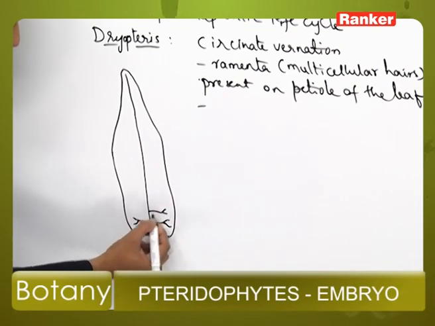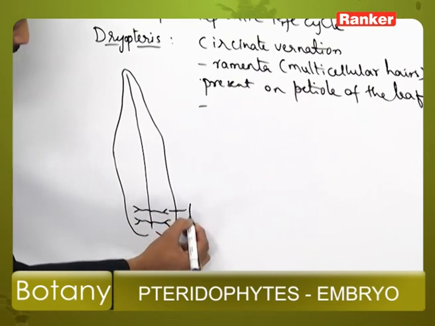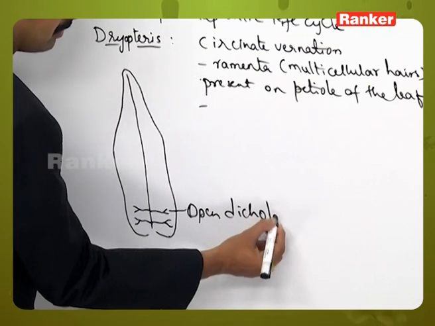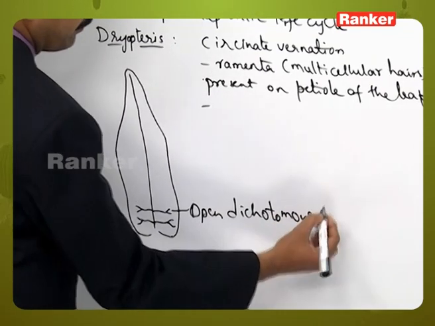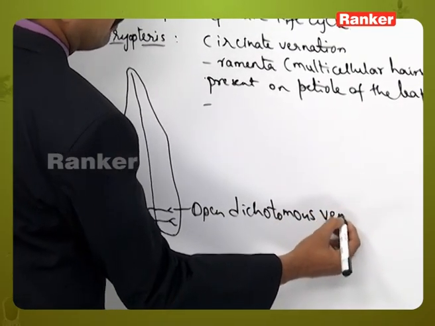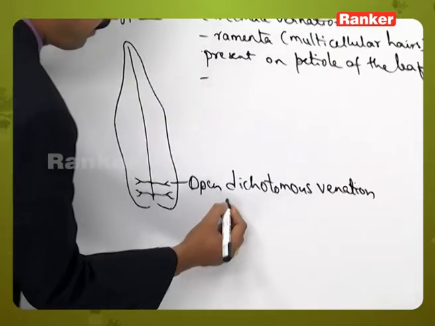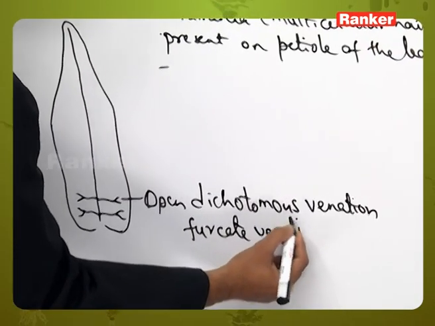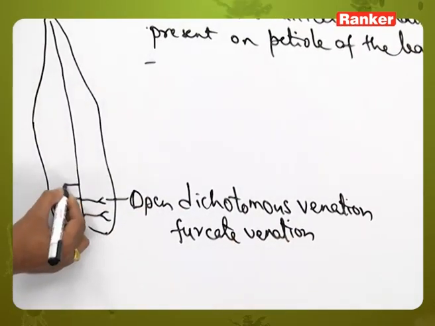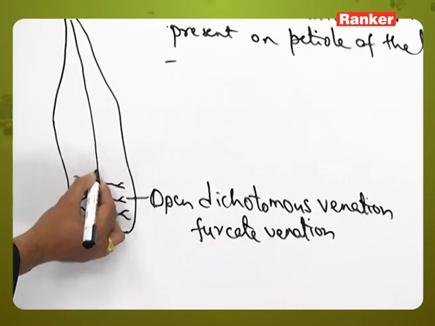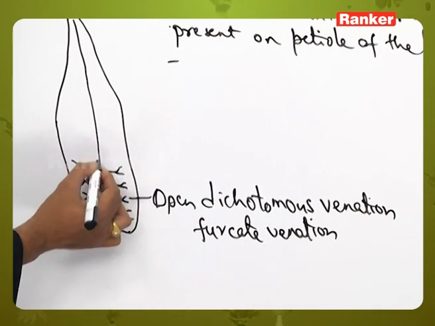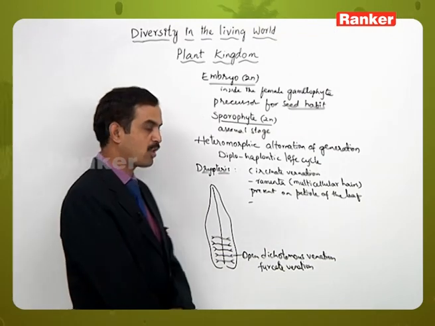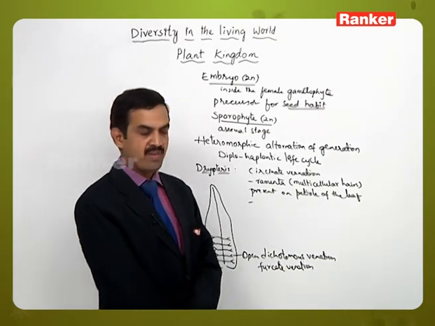So this type of branching of the lateral branches is called open dichotomous venation or branching or furcate venation. This type of nature will be seen in all the lateral veins. So this dividing of the lateral branch into two equal halves at the end is called open dichotomous branching or the furcate venation.